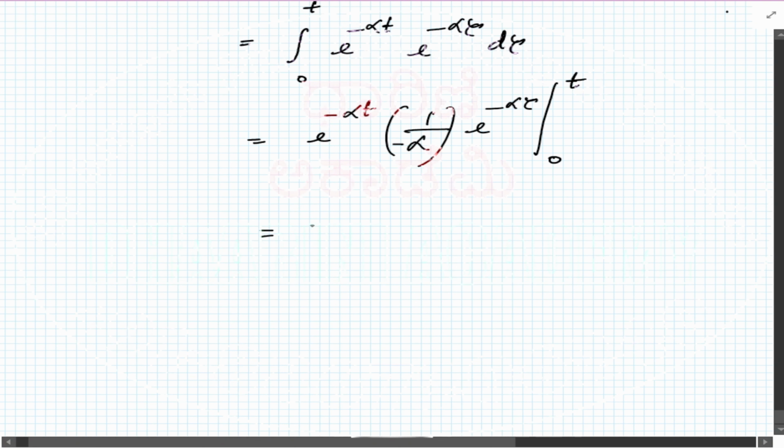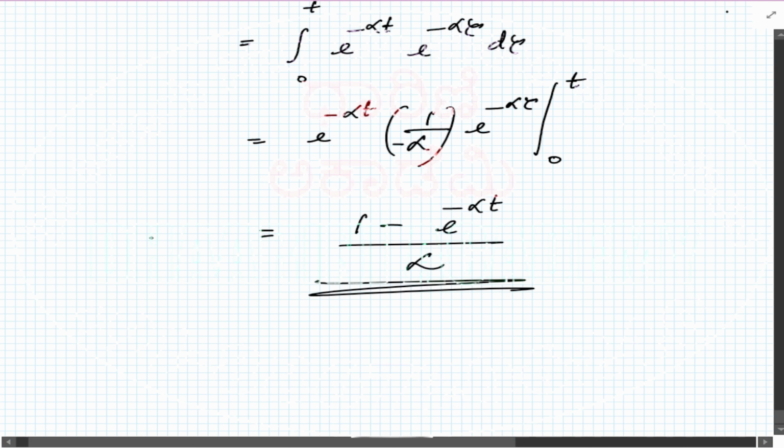So I think the simplified answer comes to be 1 minus e to the minus alpha t, whole divided by alpha. Okay, so this is the answer for y of t, the convolution result when the t value is greater than 0.